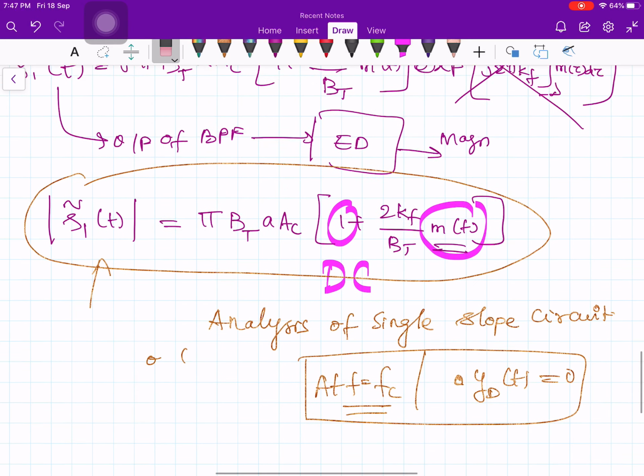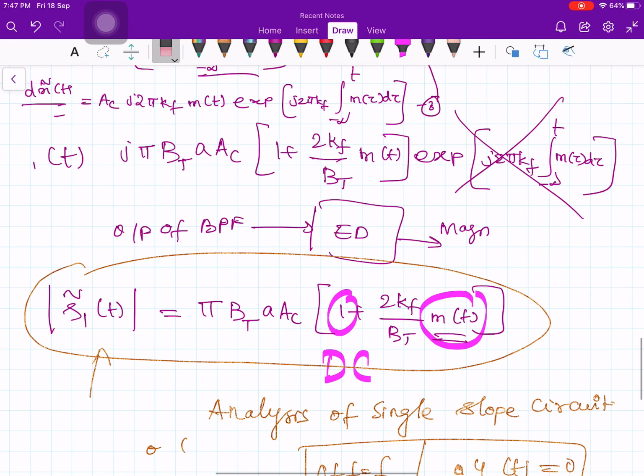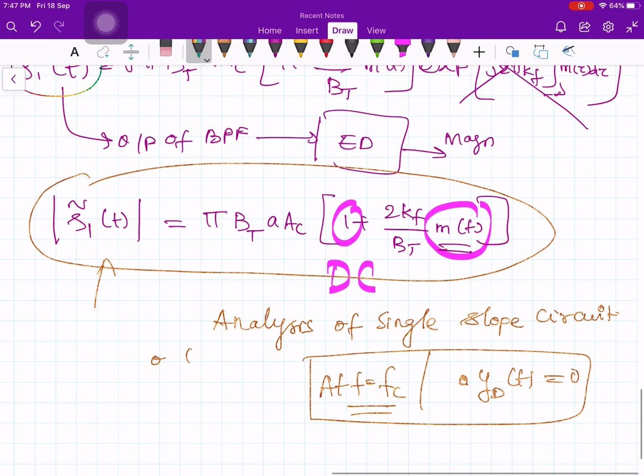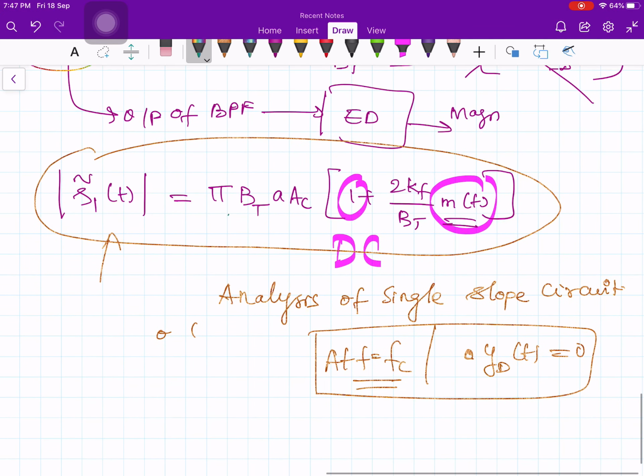This one is the complex envelope of the output. So if you take the modulus of this, which represents the envelope of the output waveform, it is given by pi times b suffix t times a times AC, 1 plus 2 kf divided by bt times m of t.